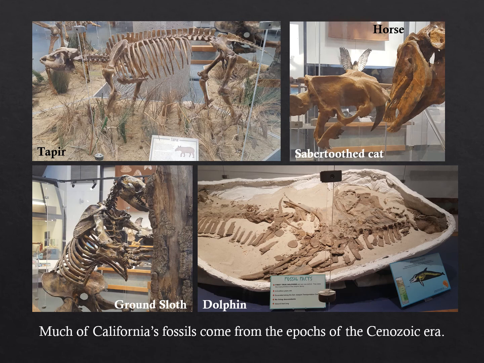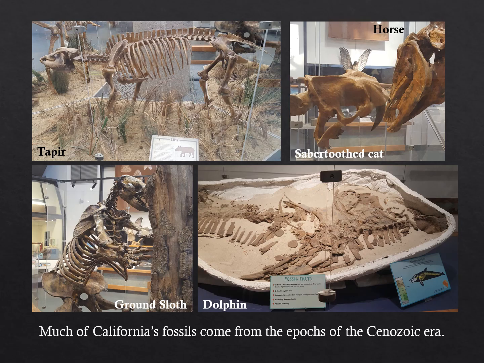So for those of you that are, say, visiting Southern California or that live here, we do have smaller museums that you can visit that house these types of specimens. So we've got on this slide various organisms that lived here in Southern California just a few thousand years ago. We have creatures like tapirs, which now are common in South America and parts of Central America.